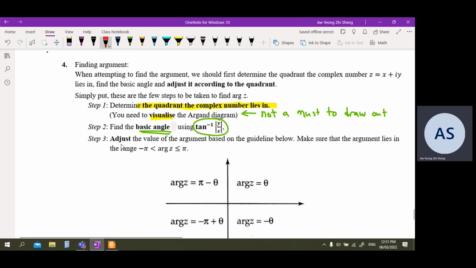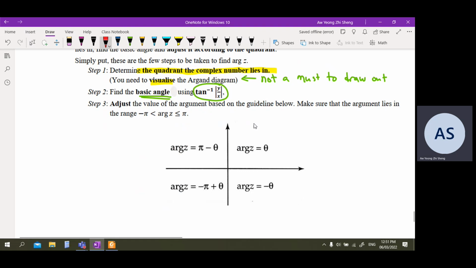Step number three is to adjust the value of the argument based on the guideline below. This guideline ensures that the answer you get is within the default principal range from negative pi to pi.